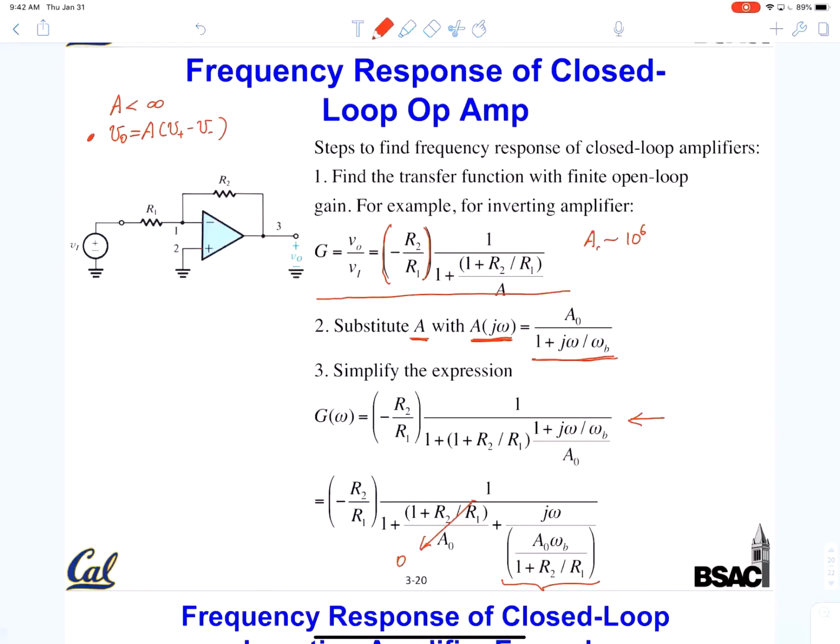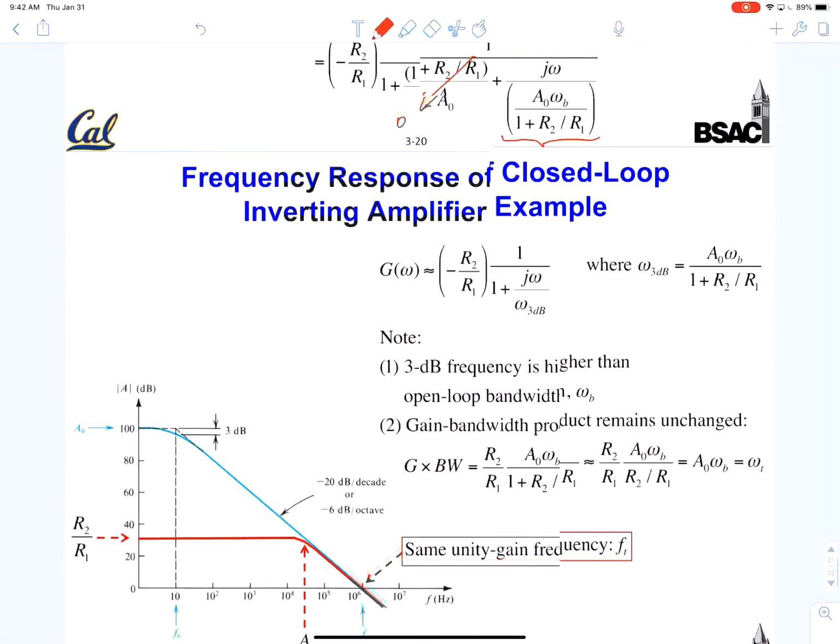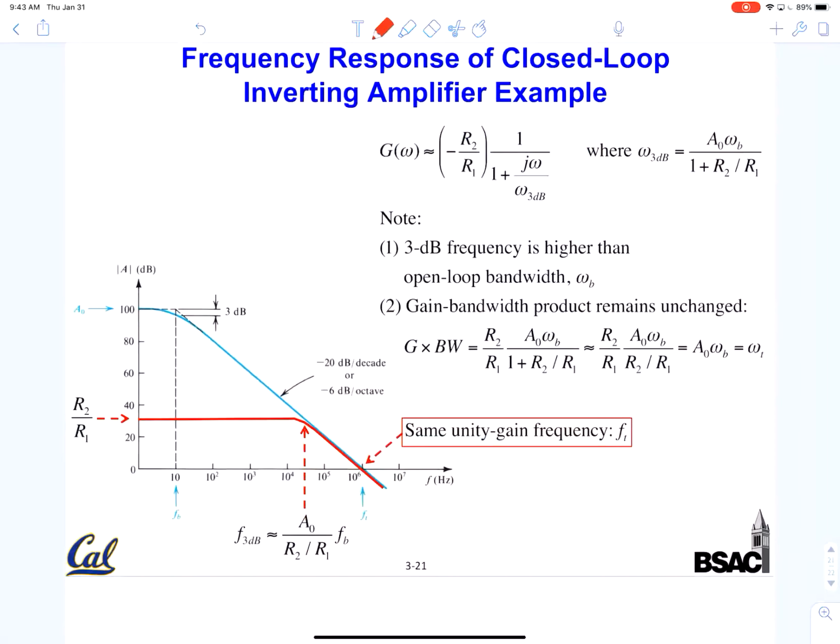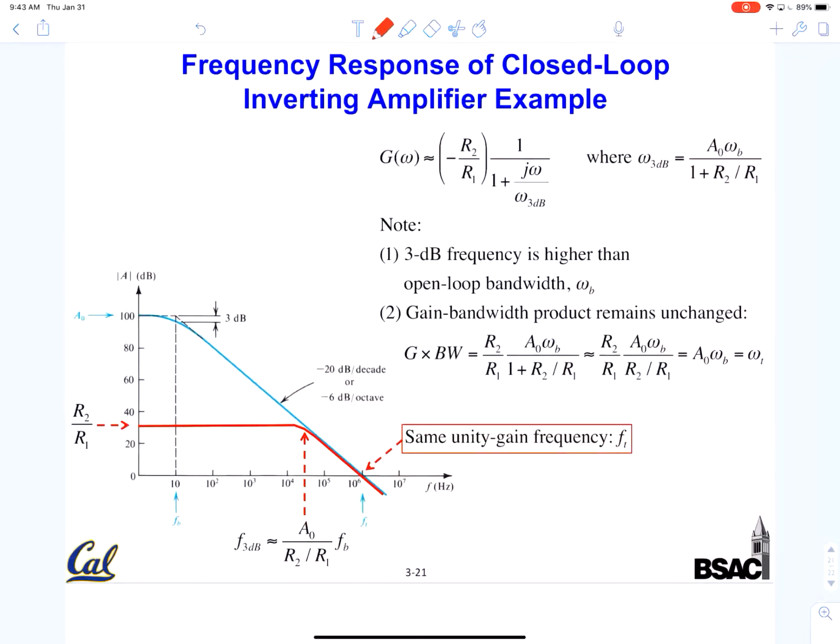Let me put A0 here. So this is the overall response of the circuit element superimposed on the raw response of the op-amp. The blue line here is the op-amp, and the red line is the example of the inverting amplifier with the R2, R1 value here.